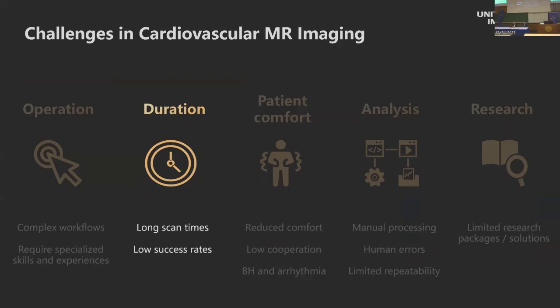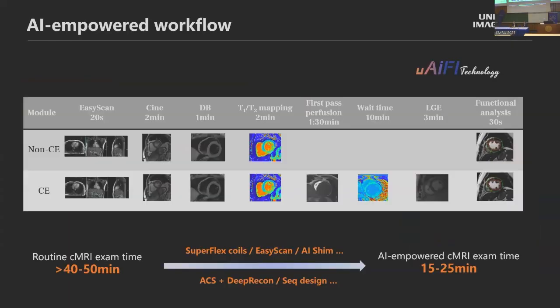All right, so let's take a look at a challenge in cardiovascular imaging durations, which generally suffers from long scan times and low success rates. So on UMR systems, by employing various AI-empowered technologies throughout the cardiovascular imaging workflows, such as the SuperFlex coils, the easy scan, AI shimming, and improved sequence design and acceleration technologies, we have successfully brought down the total scan time of routine clinical scans to about 15 to 25 seconds, depending on whether contrast agents are used.